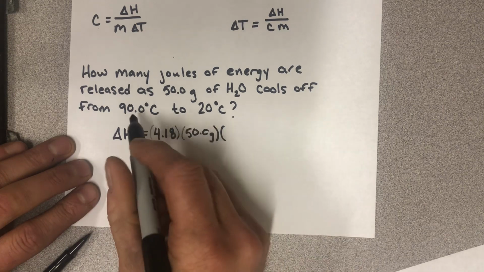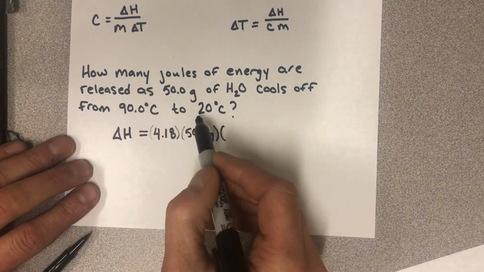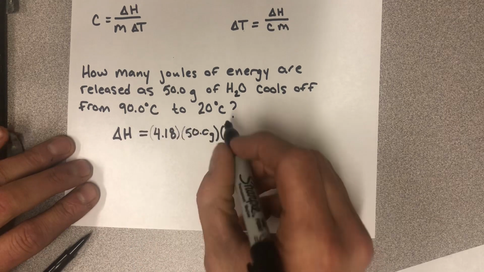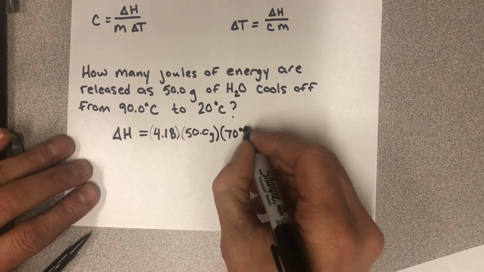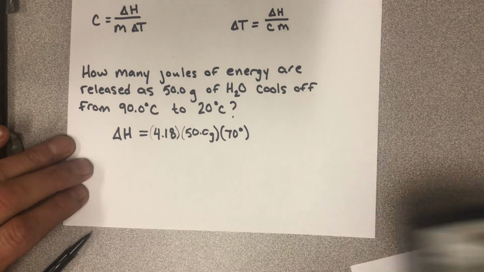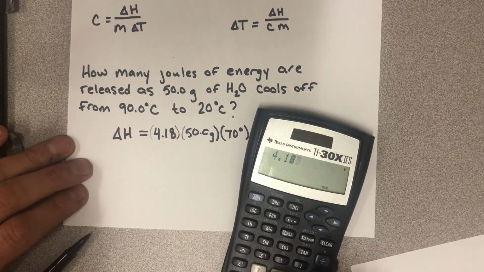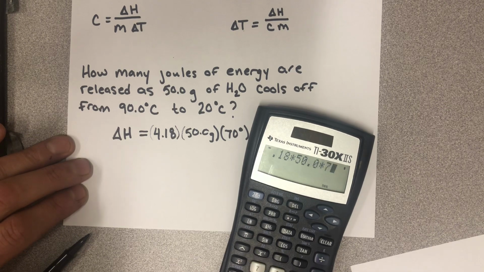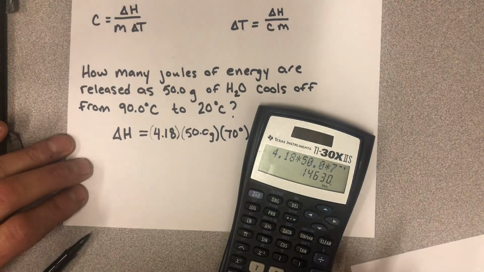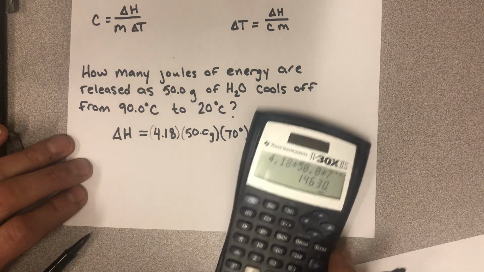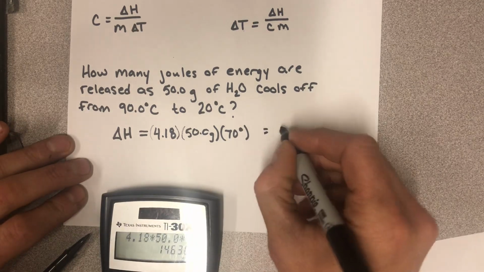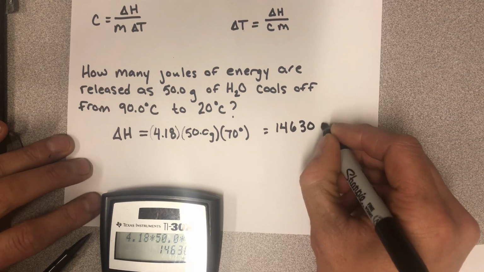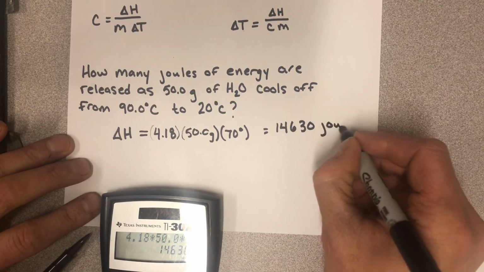And the temperature change, so this is just the difference between the starting and ending temperatures, and this is 70 degrees, okay? So we just calculate this, 4.18 times 50 times 70. Okay, so 14,630 joules of energy were released.